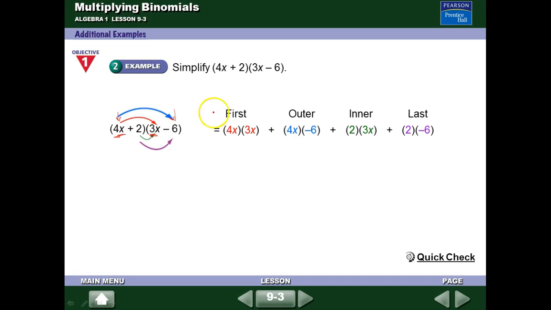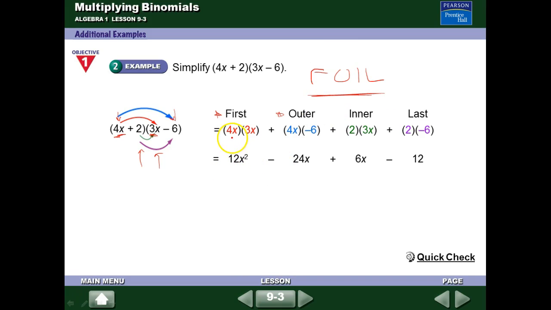Inner, my inner two terms, I have 2 and 3x. You can kind of see that in that green here, which is why this is in green. And then last is 2 times negative 6. So first, outer, inner, last is FOIL, and what they're going to do is just continue to simplify. So FOIL, which I know you've heard before, is what they're showing you here.